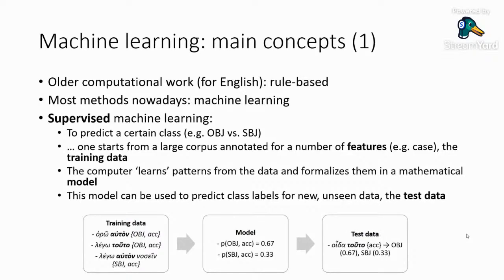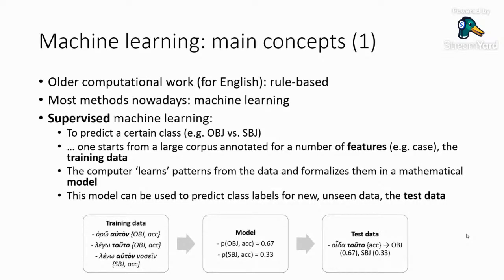What these methods usually have in common is that they make use of machine learning or artificial intelligence, you could say. Now, how does this work? We have two types of machine learning.